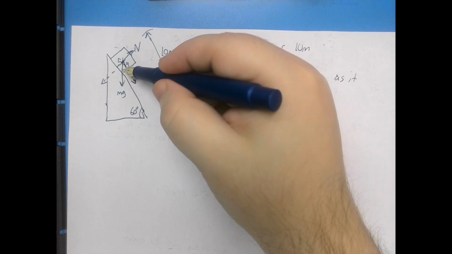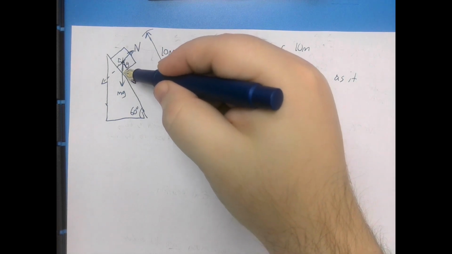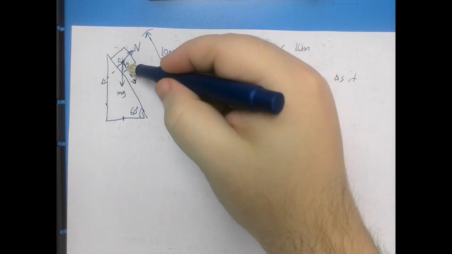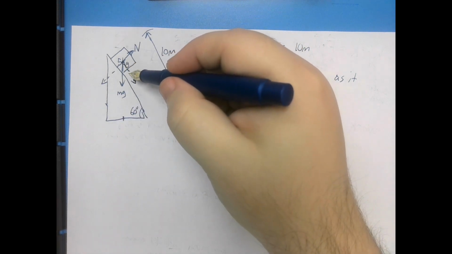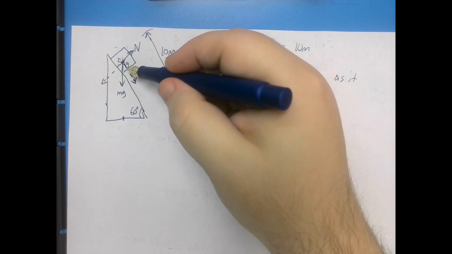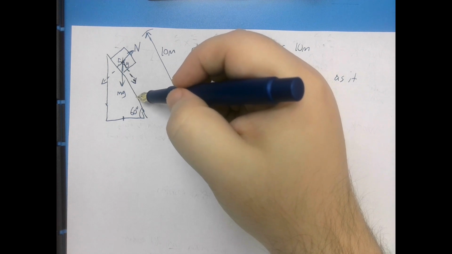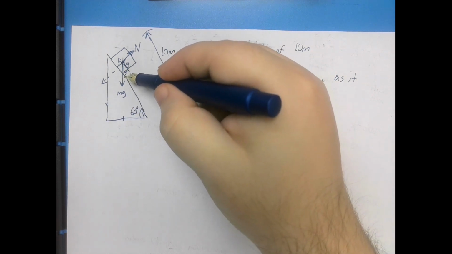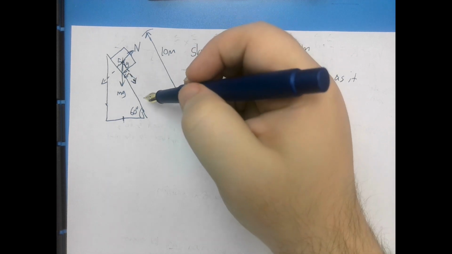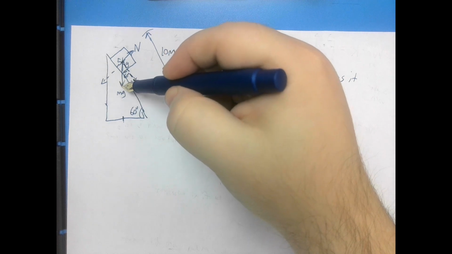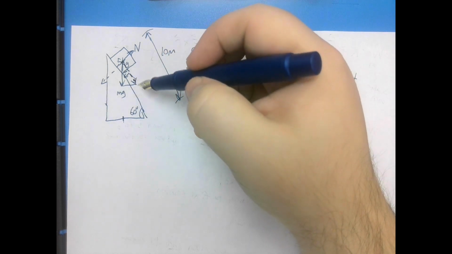This line right here is perpendicular to this line. This line right here is parallel with this. So it's perpendicular here, parallel with this. That means this angle must be 60 degrees. Which if we draw, we can also draw a line right here.